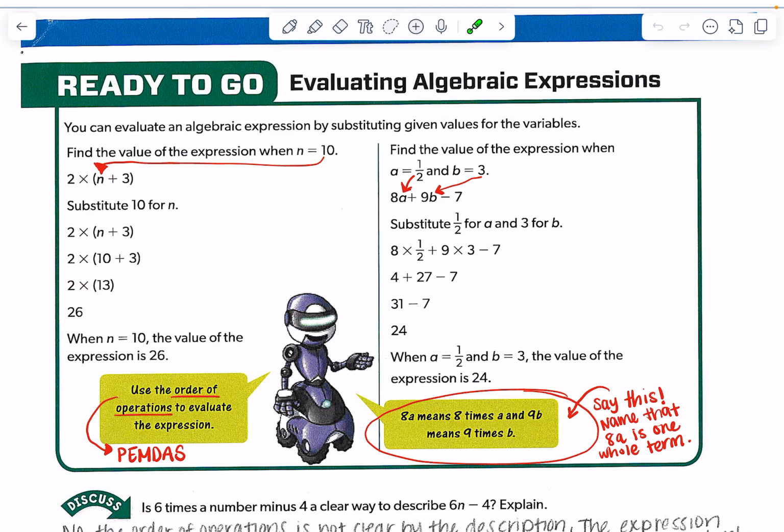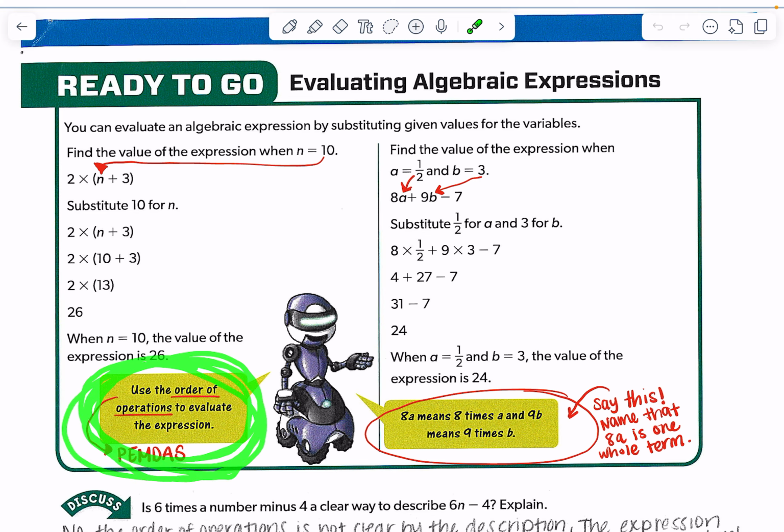When they do that, students will have to do 8 times 1/2 and 9 times 3. 8 times 1/2, or half of 8, is 4, and 9 times 3 is 27. From there, they are going to use the order of operations to evaluate this expression.